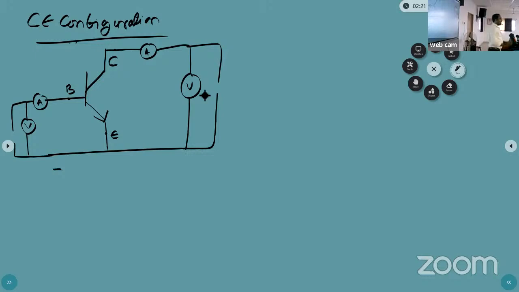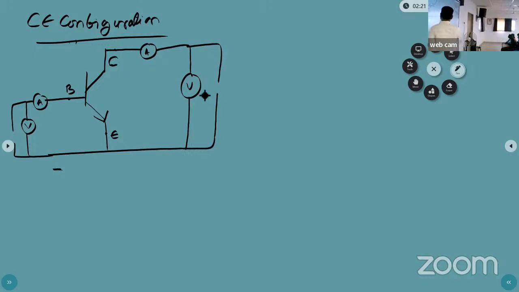Now, always for the normal working of the transistor, the emitter base junction should be forward bias. Based on that, you can apply the biasing voltage. Emitter base should be forward bias. Now, what is the battery direction?